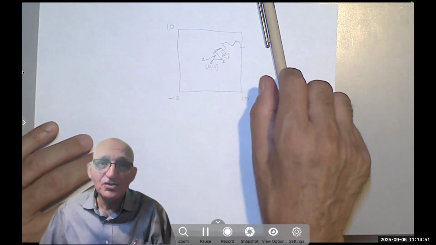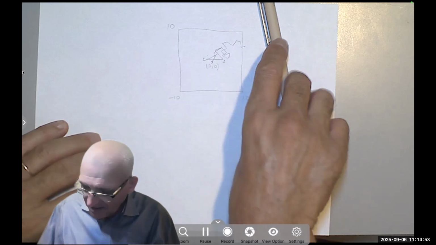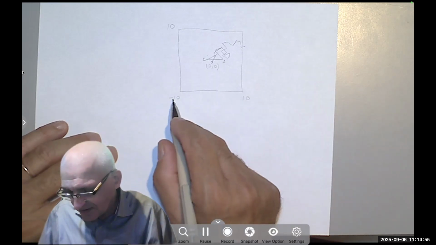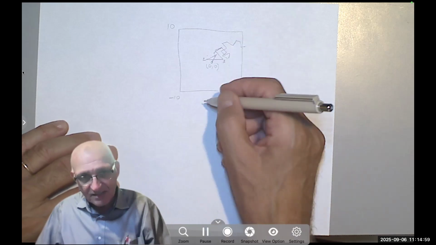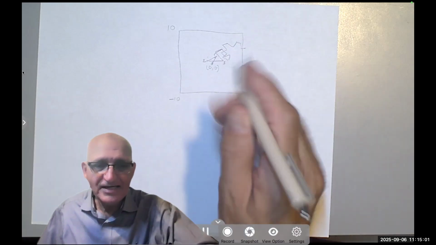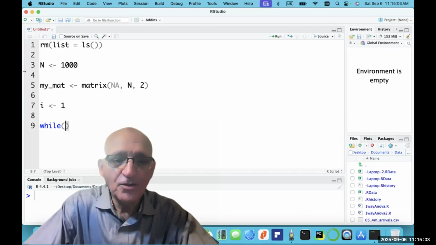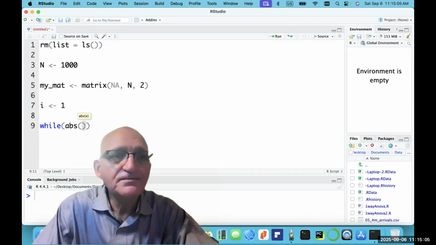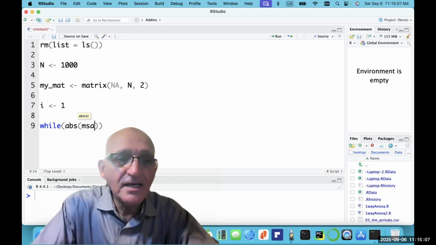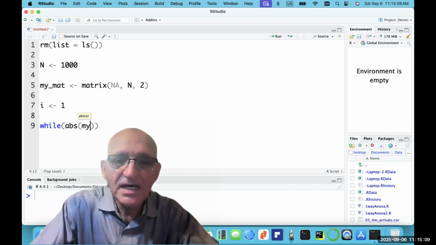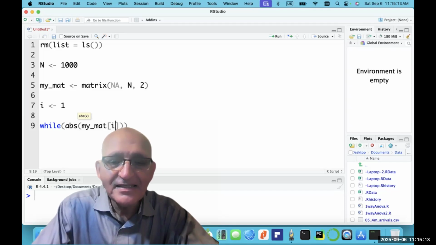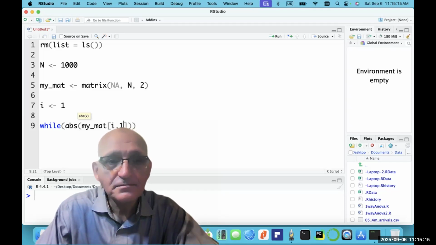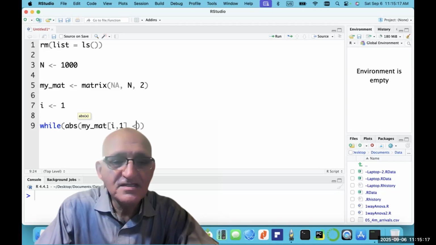So notice it's between, so instead of saying if x is greater than -10 and less than +10, and the y is greater, we can use the absolute value. And we can say while the absolute value of my mat of i and 1 is less than 10.